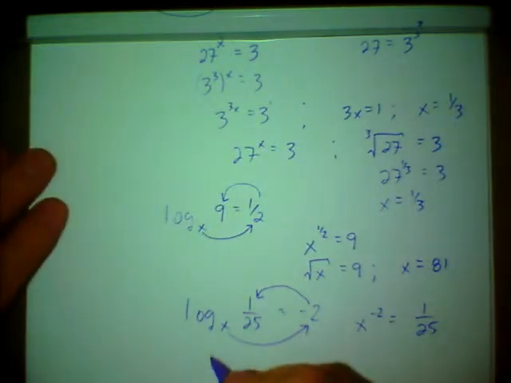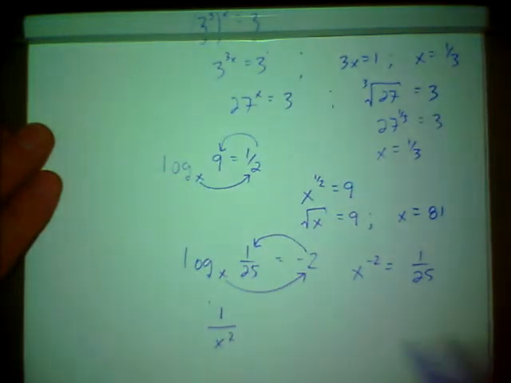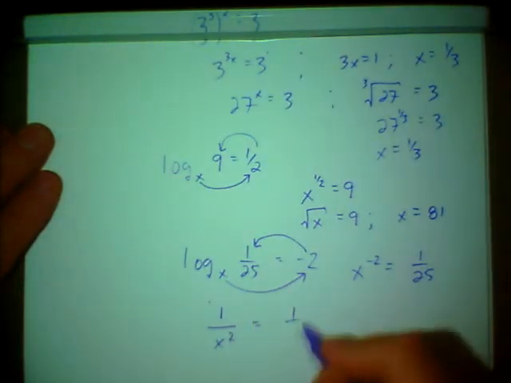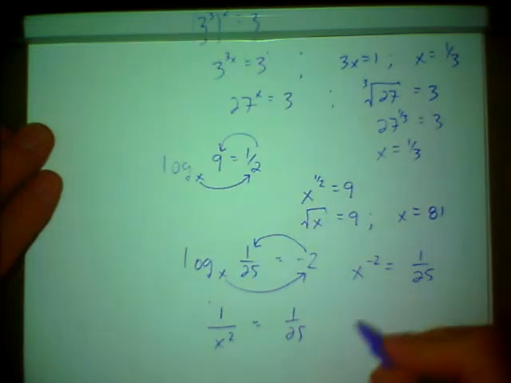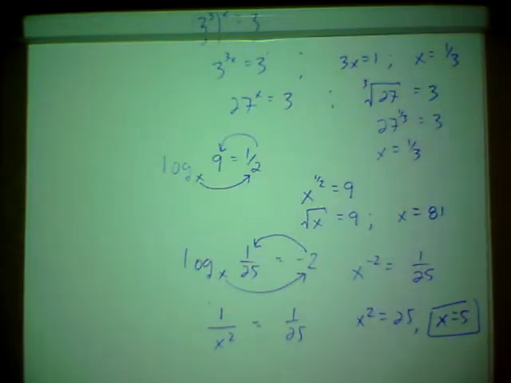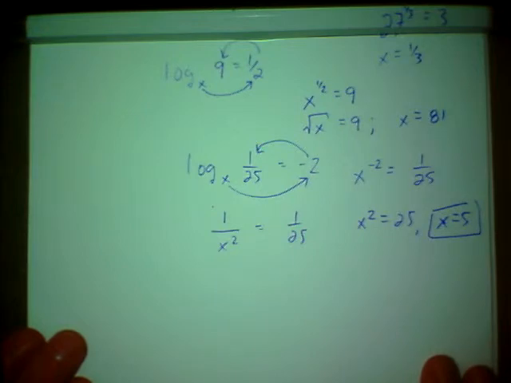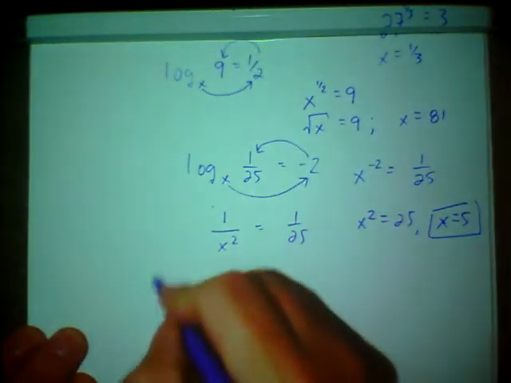So I can rewrite this as 1 over x squared equals 1 over 25. And then it becomes pretty obvious that x squared equals 25. And we're just going to take the positive root. So x equals 5. All right, let's do a couple more. Now we have some that involve a little bit of algebra, maybe.